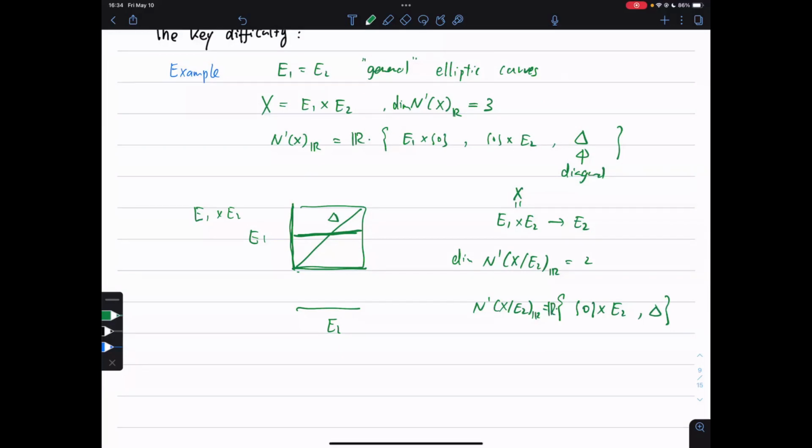The total space without the base has dimension 3, and over a base the dimension is cut by 1, so the relative dimension is 2. The two generators are a horizontal divisor and a diagonal divisor.